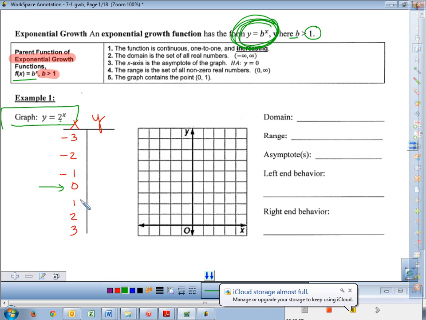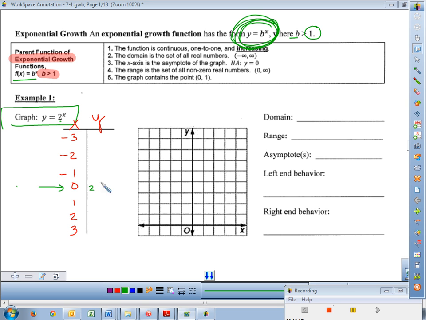Here's your starting point. If x was 0, let's do a little substituting in. Wouldn't you get 2 to the 0th power? Isn't that what y would turn out to be? Well, what is 2 to the 0th power? It's 1, right? So right here we have a 1.